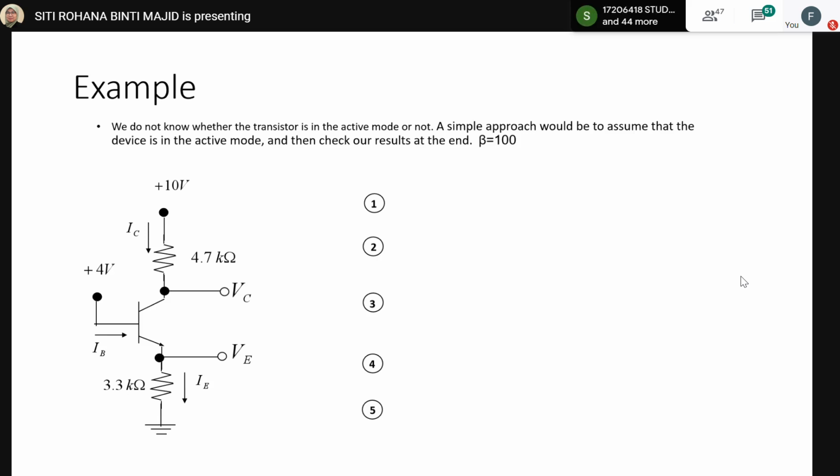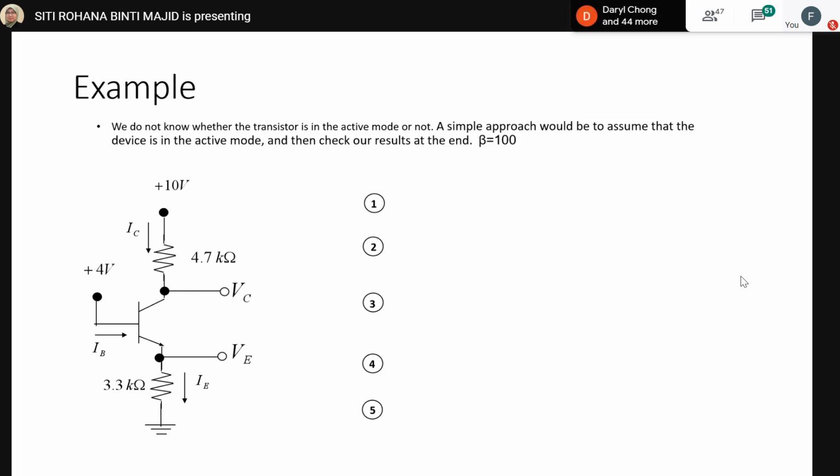So another approach, we can determine or recognize the transistor behavior using calculation.